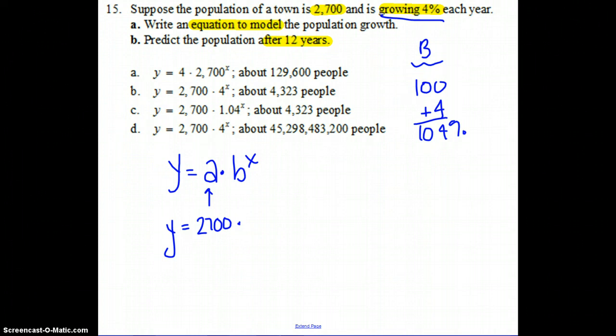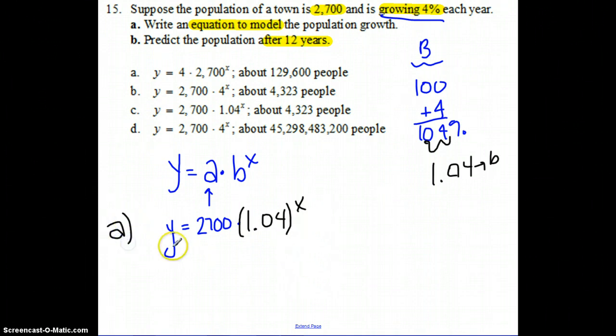But remember, we said in these kind of problems that you can't leave them in percent form to be able to put them in the actual equation. So I have to move the decimal 2 spots, which means it's going to be 1.04. And that's what's going to go in for B. So 1.04. And remember, we said a lot of times as soon as people see that negative, you'll start to see them using the parentheses a whole lot more. And then x is going to go in there. That's our model equation.